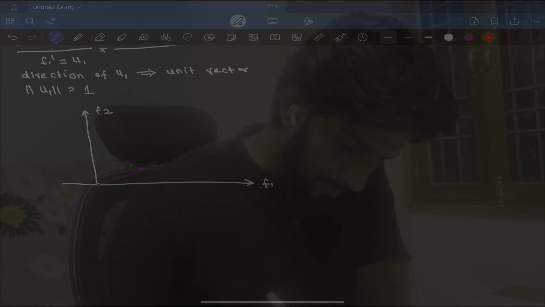Let's consider one data point, which is xi, and the projection of xi on u1, let's call it xi dash.